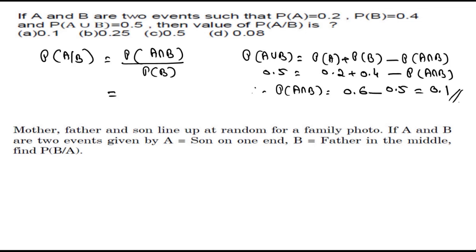So this equals 0.1 divided by probability of B, which is 0.4. So 1 by 4.